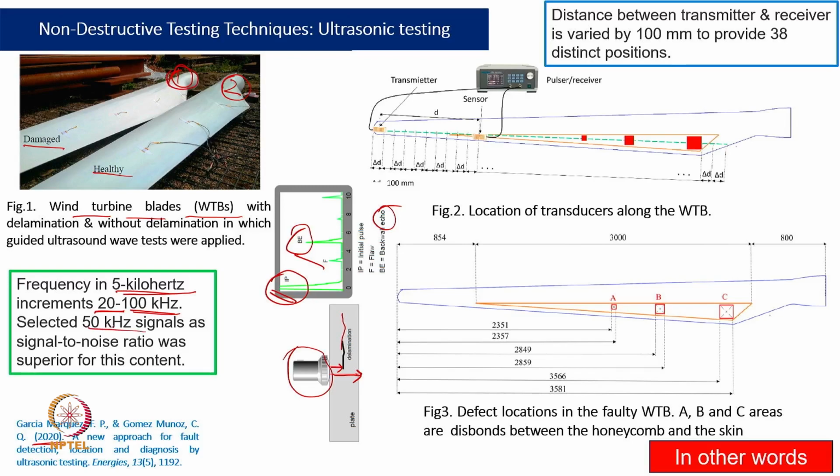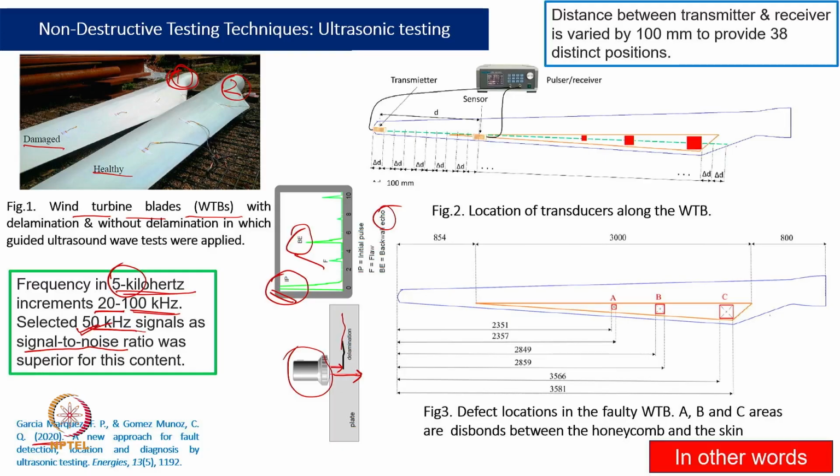They found that 50 kilohertz gives a better, or superior, signal to noise ratio compared to the range utilized from 20 to 100 kilohertz, scanning in gaps of 5 kilohertz. Maybe they did experiments at 20, then 25, 30, 35, 40, and found the superior result at 50 kilohertz.